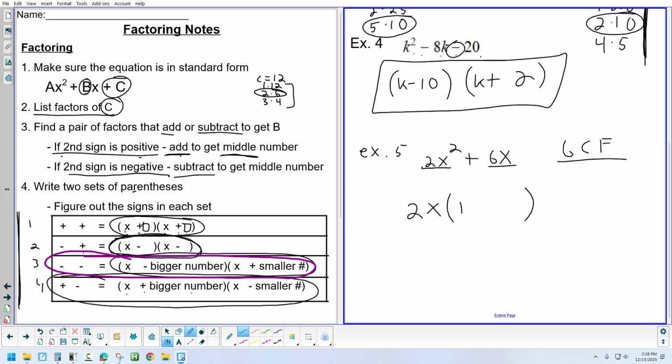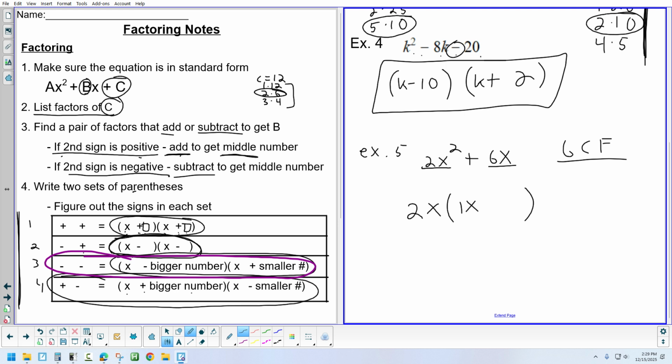So we put a 1 there. And X times what would give you X to the second power? X.